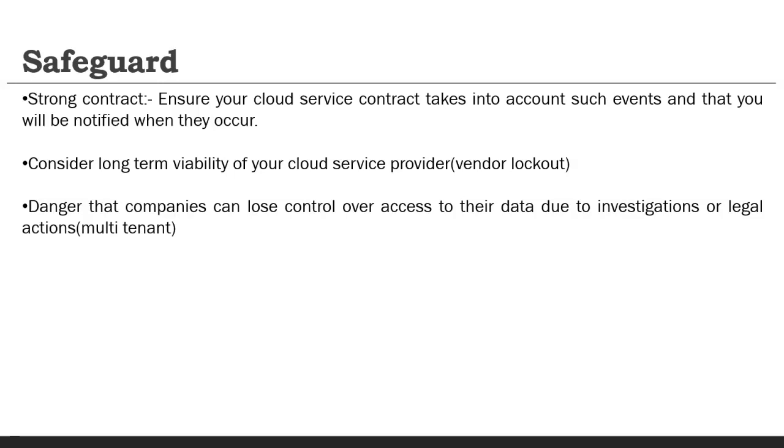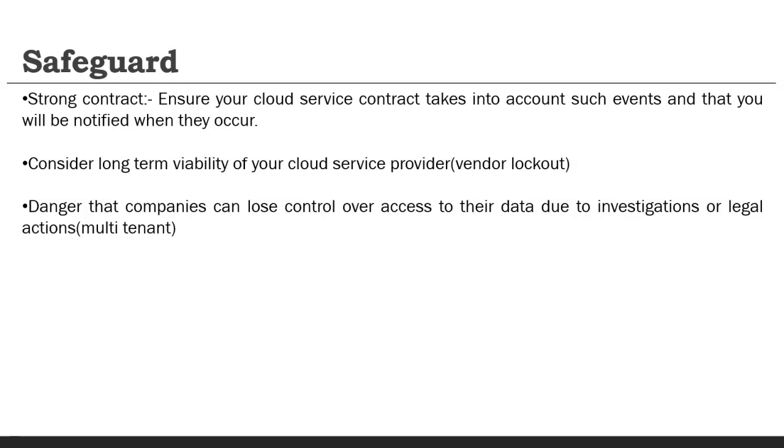Now, the danger is that companies can lose control over access to their data due to investigation or legal action. This is a very important concept to understand: even though you are not a culprit, even though you haven't done anything and there is no e-discovery notice against you, it is for another company, you can still get impacted because of the multi-tenant nature of the environment. Let's say the authority seizes a hard disk that has your data along with the data of the organization that has received the legal notice.